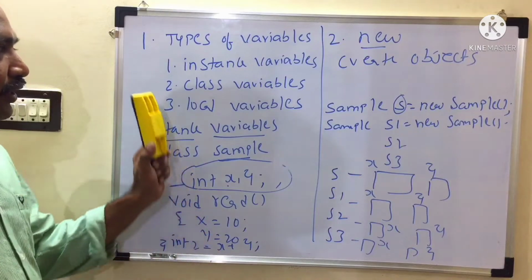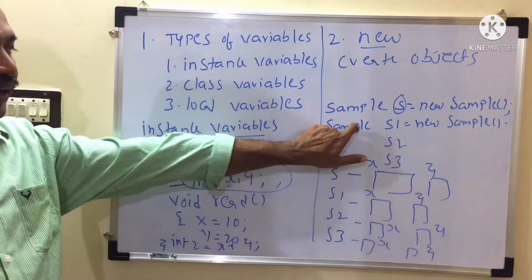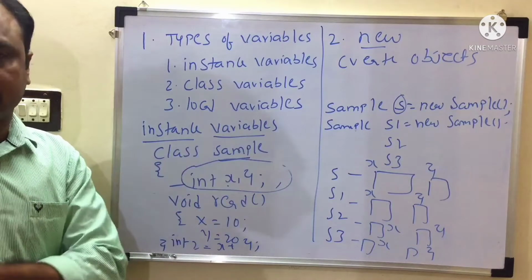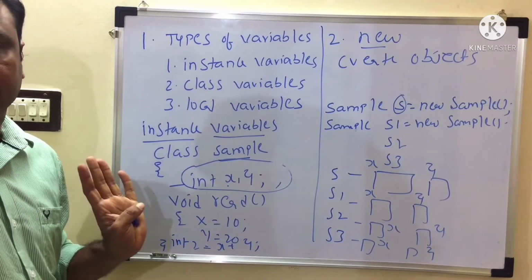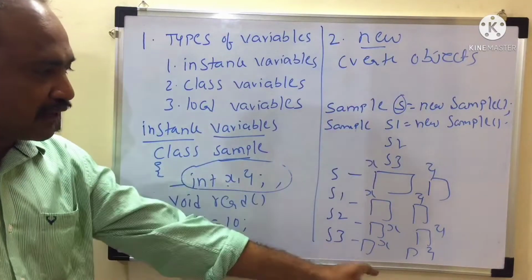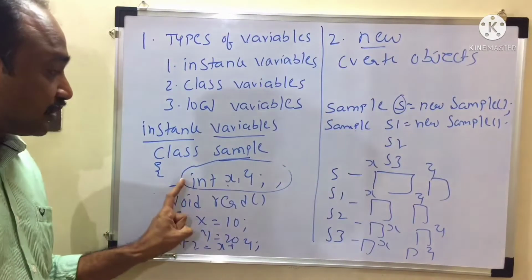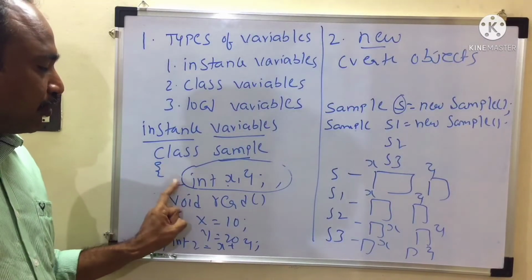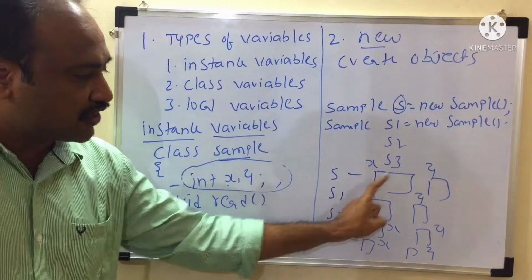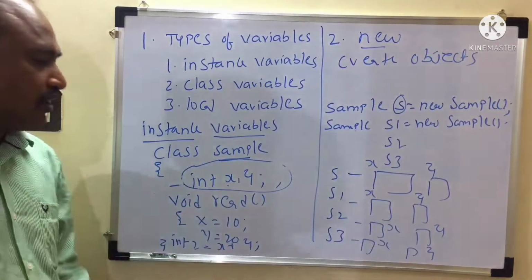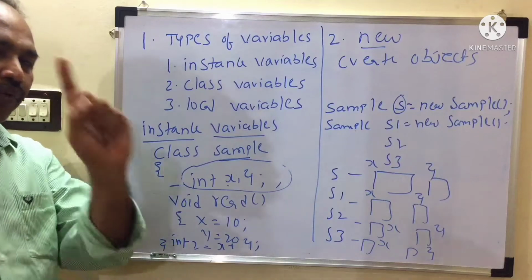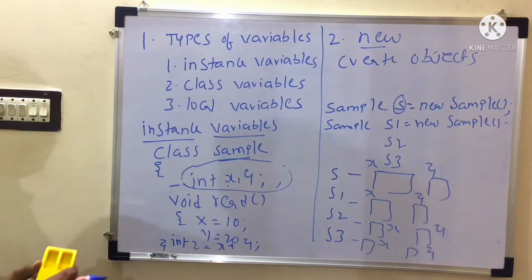Instance and object are both the same, don't get confused. If I create n number of instances, n number of copies of the variables are created. Hence, these are referred to as instance variables.